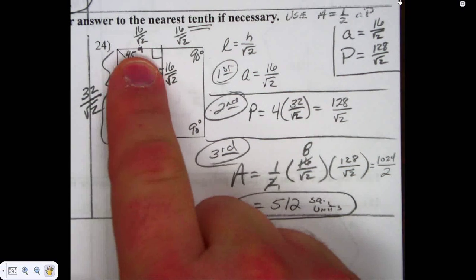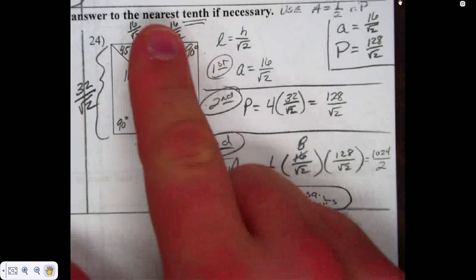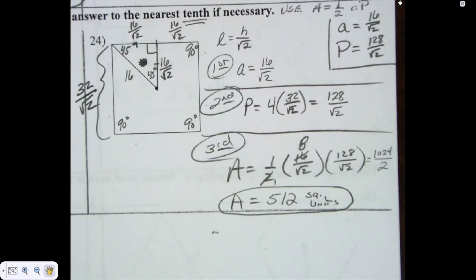So the whole thing added together is 32 over square root of 2. Well, 16 divided by radical 2 to get the leg would be 8 radical 2, wouldn't it? Did you rationalize the denominator? Yeah, because you multiply. Yeah, it'd be 8 radical 2. You're right. So it's 16 radical 2.